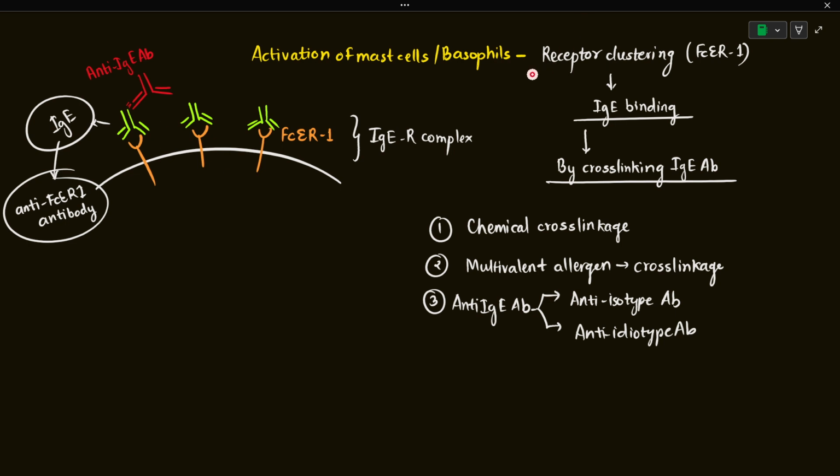Another way to ensure that those receptors get clustered is to have a molecule which can directly bind to those receptors. The IgE antibodies are bound to the Fc epsilon receptors one by one. Let's assume there exist some molecules which have the capacity to bind to multiple receptors themselves. Then we won't need IgE antibody, right? IgE antibody can only bind to one receptor.